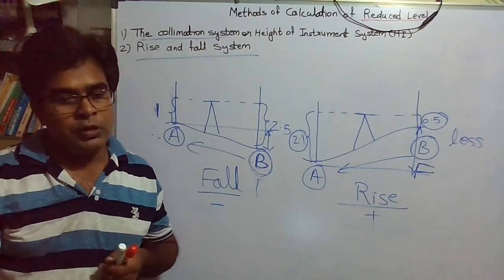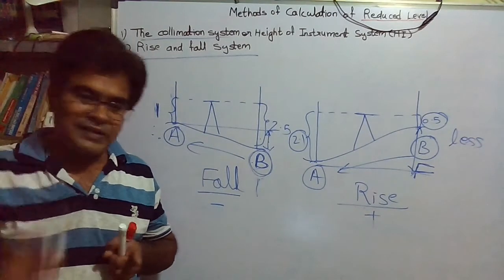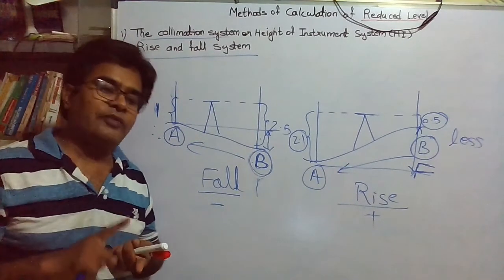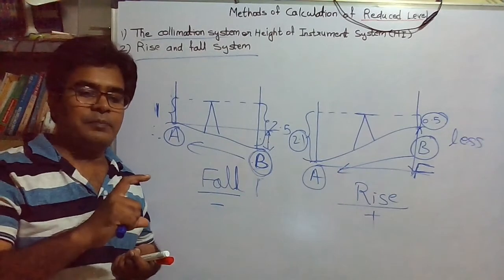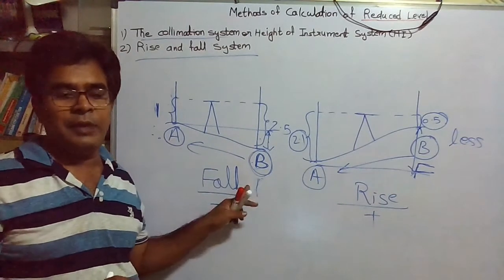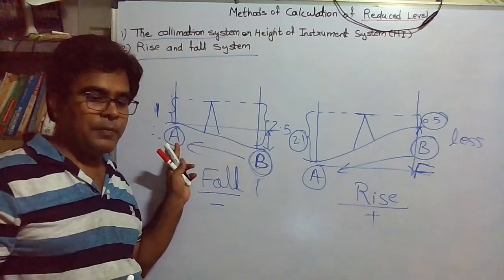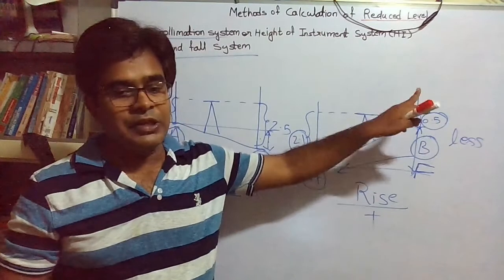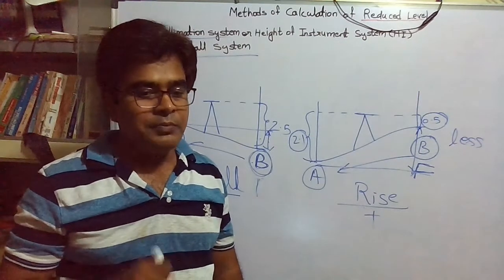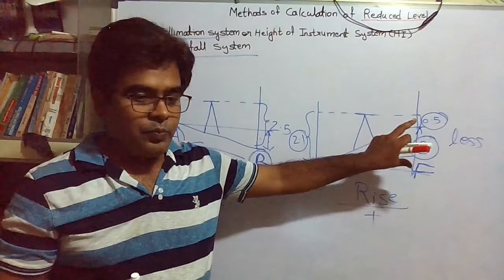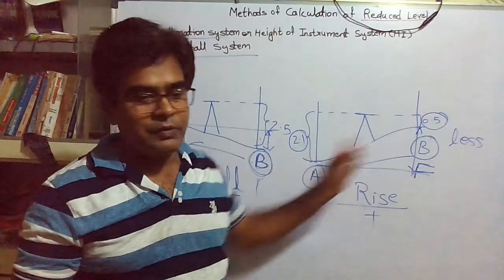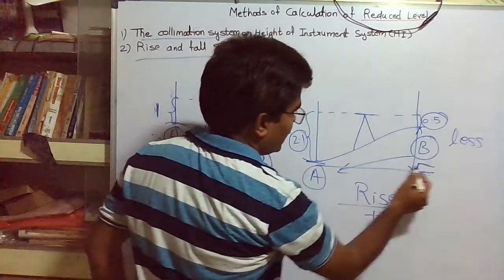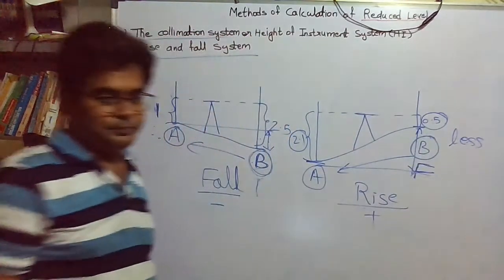If it is more, then there is a fall, meaning the reading is increasing, so that point will definitely be at lower elevation. So we subtract the level difference between points A and B from the RL of A, and if the reading is reducing, that point is at higher elevation, so we add the difference between the preceding point and forward point to the RL of the preceding point to get the RL of the next point.